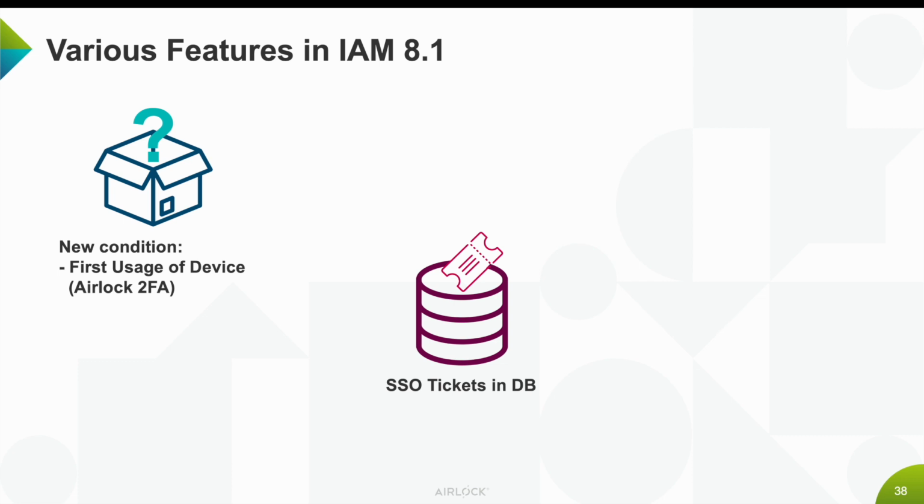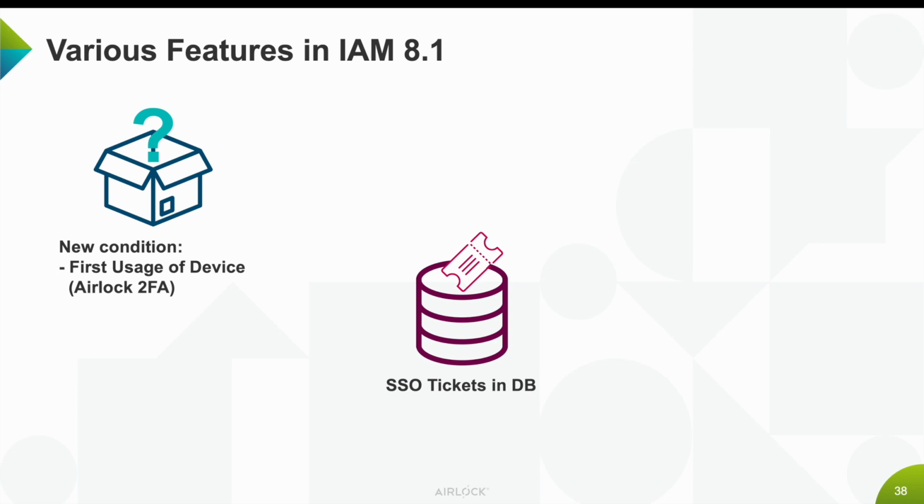Then we also made an improvement regarding single sign-on tickets. So far, single sign-on tickets that have successfully been used have been consumed, so to say. They have been stored only in memory to prevent replay attacks, so to prevent that the single sign-on ticket can be used twice. This worked well in single instance setups, and it bore some risks in multi-instance setups.